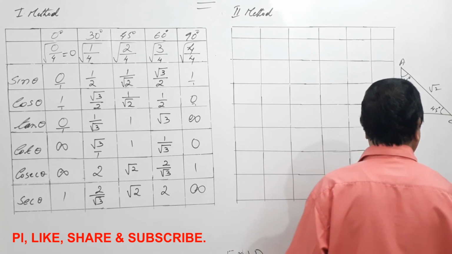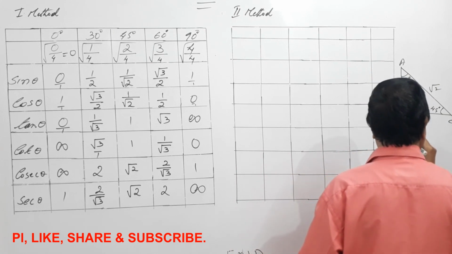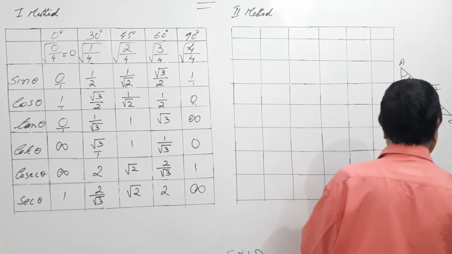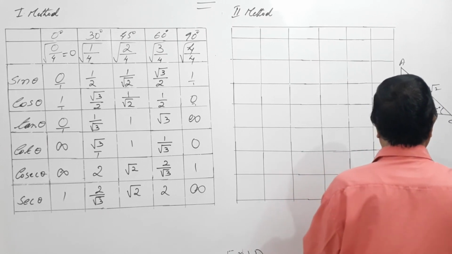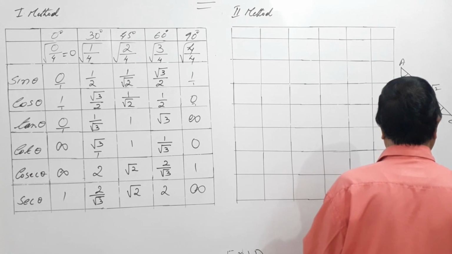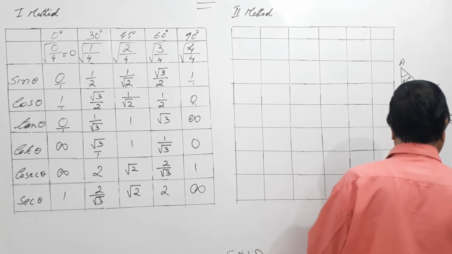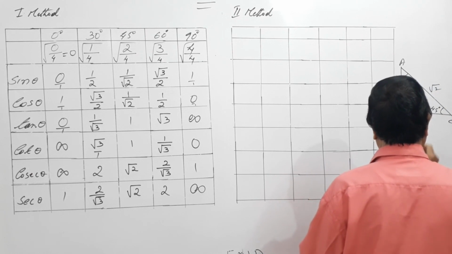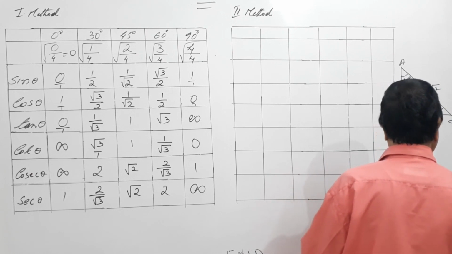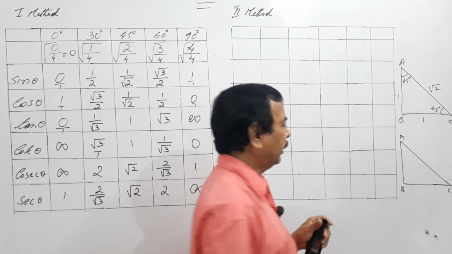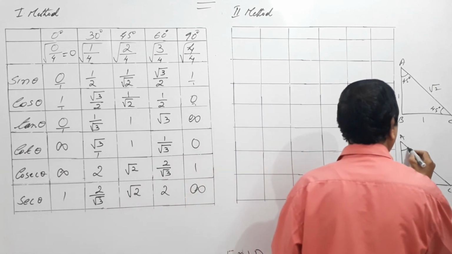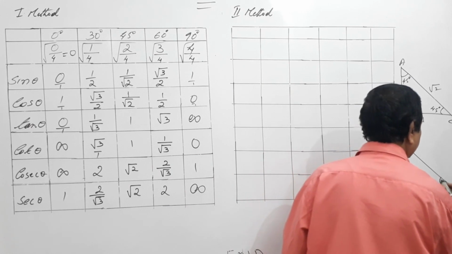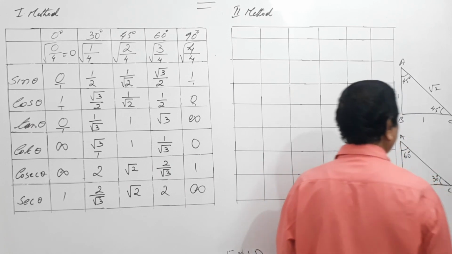Draw one more right angle triangle, A, B, C. What you do here, you mark here 60 degrees, and this one as 30 degrees.